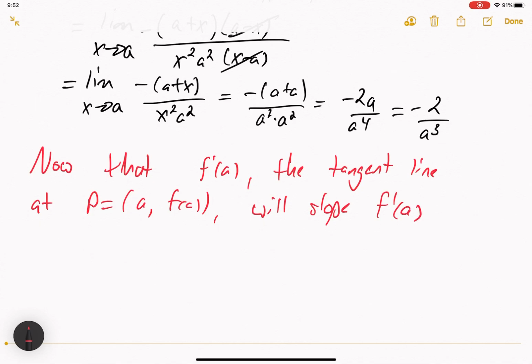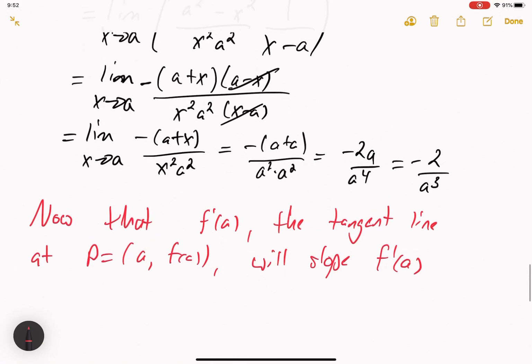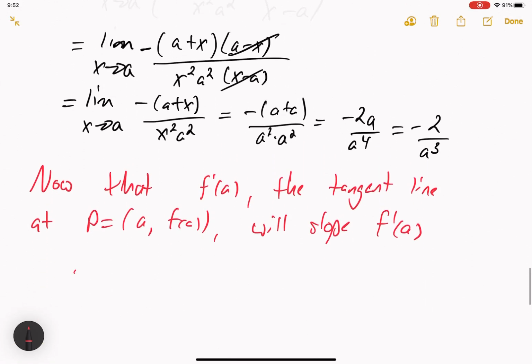You can double check that, but basically the idea is that if we try to generalize the notion of tangent lines, if we let our m be arbitrary now, then we can use the fact that our m becomes f prime of a.